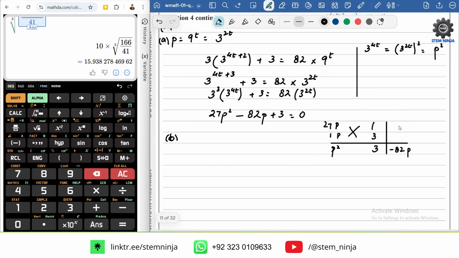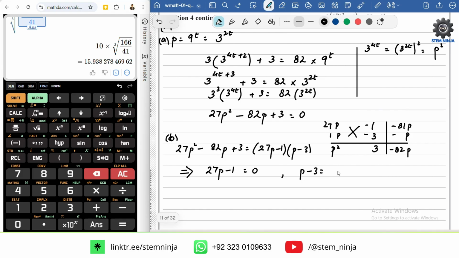So you have 81p and p, and both of them have to be negative. So 27p squared minus 82p plus 3 can be written as (27p minus 1)(p minus 3). Hence, 27p minus 1 equals 0 or p minus 3 equals 0. So therefore p is either 1 over 27 or p is equal to 3.